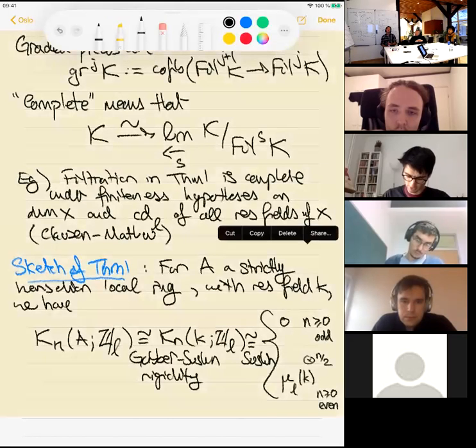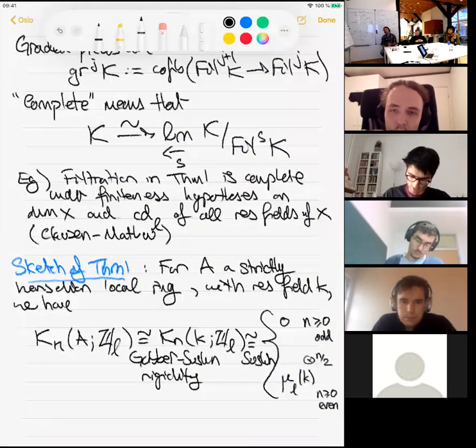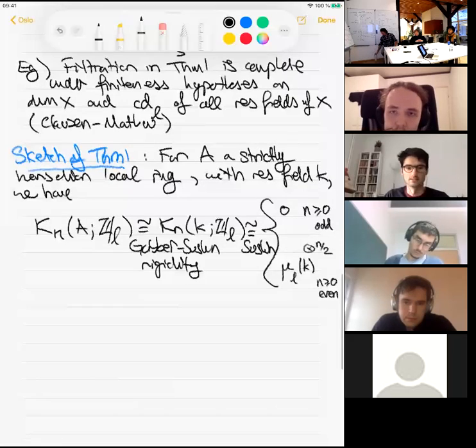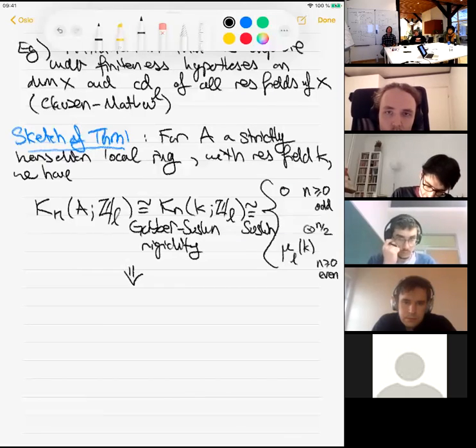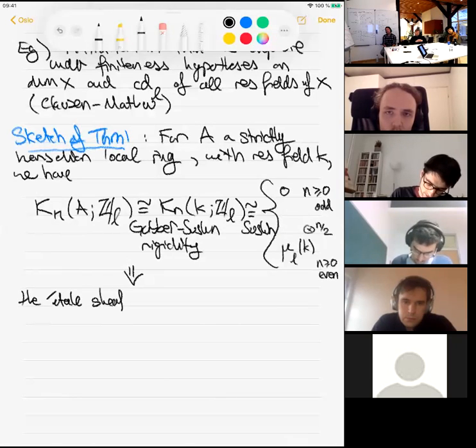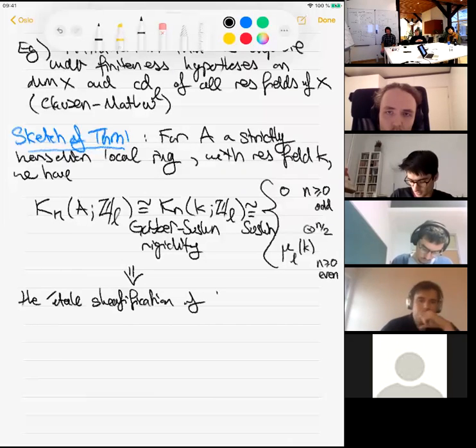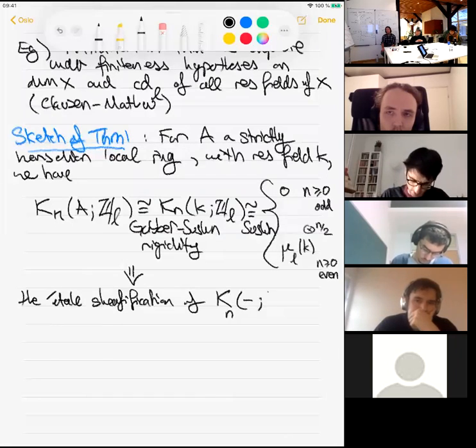This is a calculation of individual K-groups, but this can be globalized to a calculation of the étale sheafification of the presheaf given by one of the K-groups on the étale site of X, and I sheafify that.